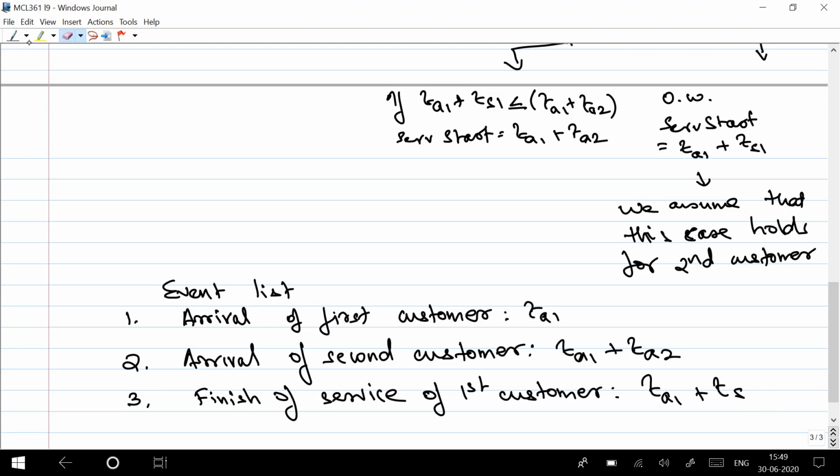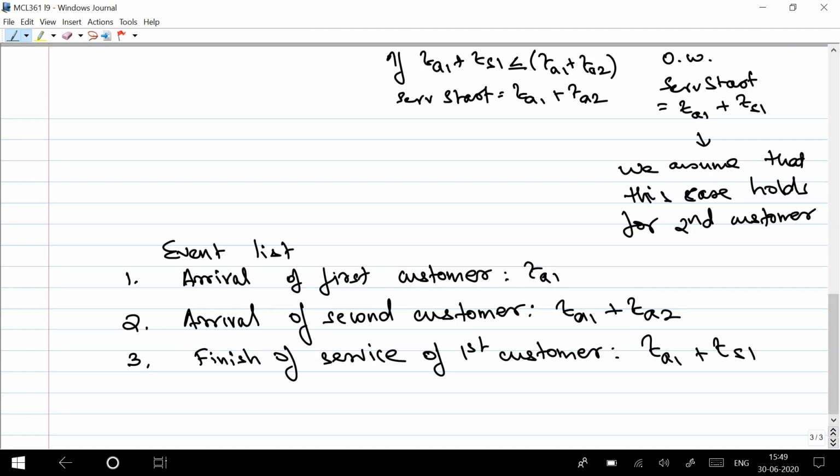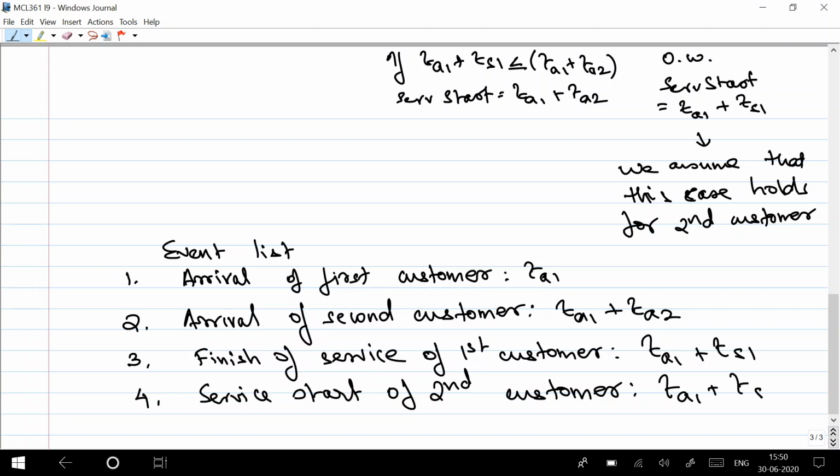Sorry. Okay, and next is service start of the second customer, which is TA1 plus TS1.